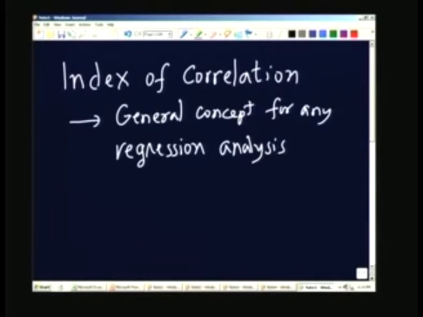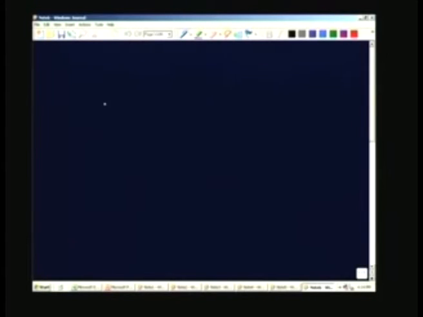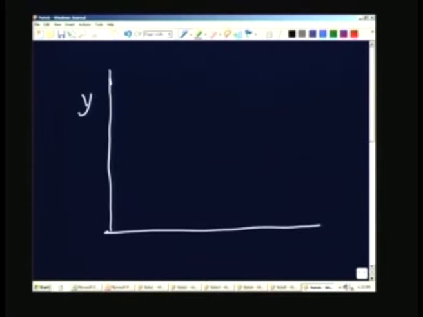So, let me just find out how to do this. Let us try to see how one can go about doing this. Suppose I make a plot, which of course can be done using Excel if you have actual data. This is the y value. I am just doing it for a single variable, but there is no need to restrict to a single variable.